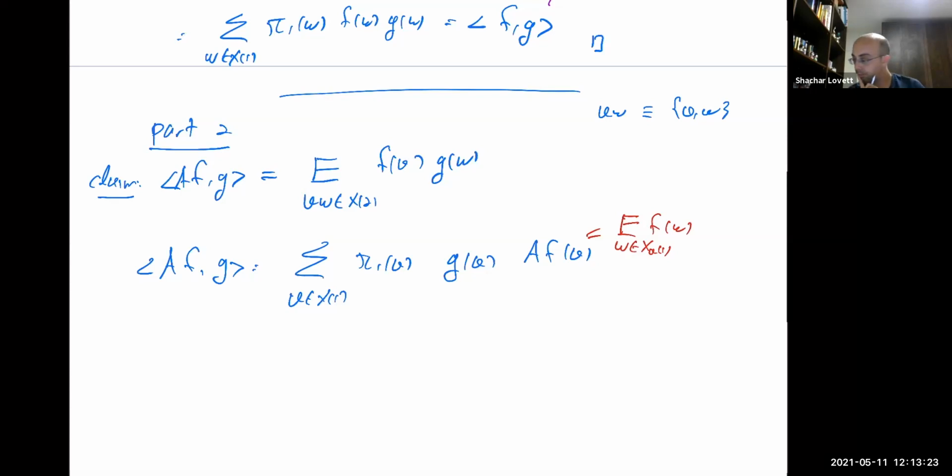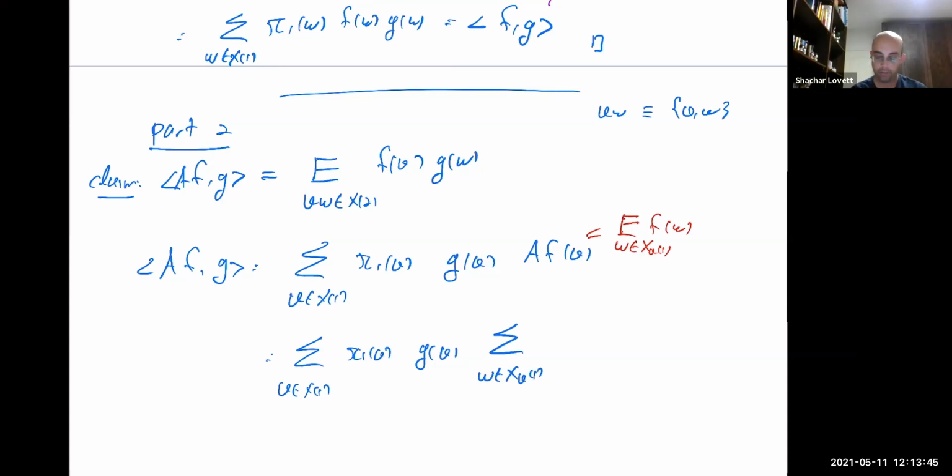So we get that. So then let's spell out what this means exactly. And we have the same thing, sum over V in X1, pi 1 of V, GV. So what is this distribution? What is going to be the distribution over all nodes W that are in the link of V?